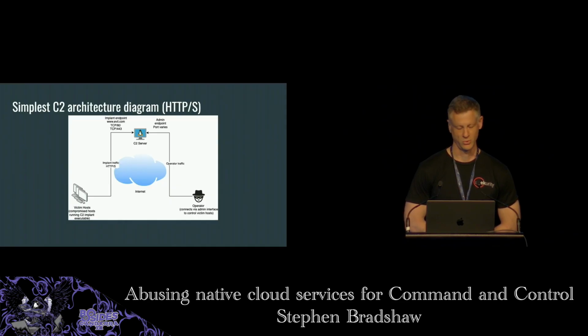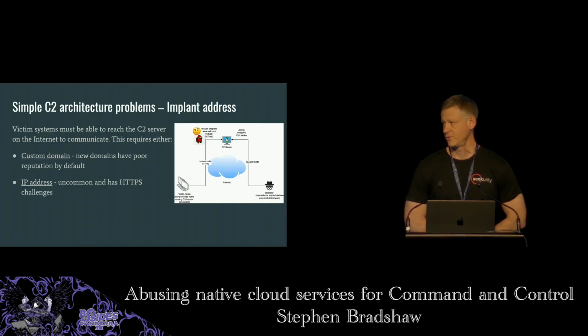It's bound on port 80 and 443 for HTTP and HTTPS, and it is receiving traffic from one or more victim hosts over on the left that have been compromised and that are being controlled by this C2 server. Over on the right, we have a separate channel that the attacker will use to control this C2 server. We won't be focusing on this too much in this talk. Just be aware that the admin talks to the C2 server on a different channel than the compromised hosts do.